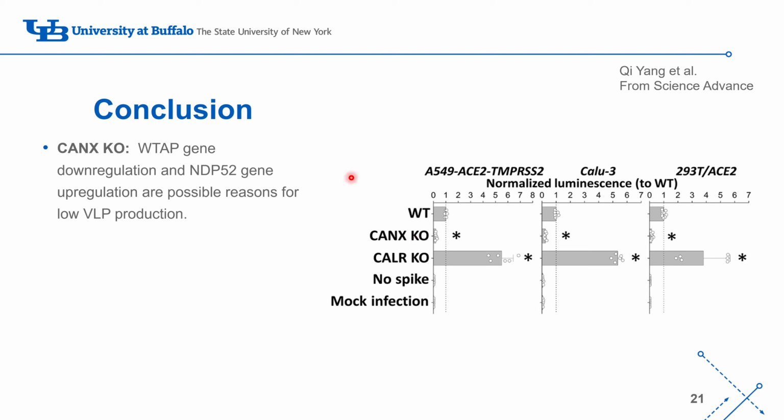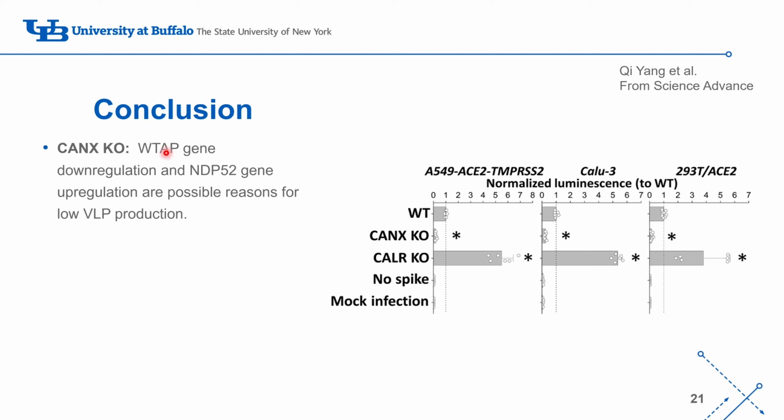Because in the case of the calnexin knockout, there is an upregulation of two proteins related to the WTAP gene and the NDP52 gene, and the proteins formed from both of these genes function to reduce virus production within the knockouts.